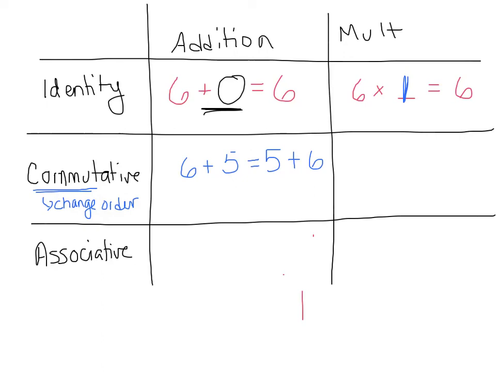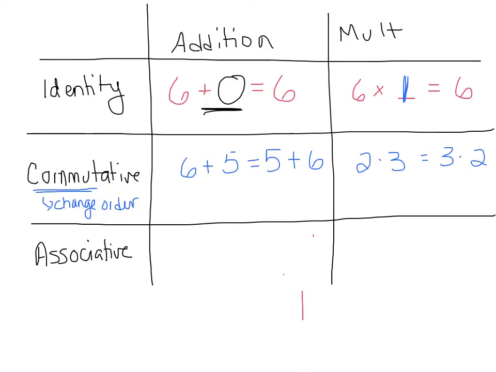Multiplication holds true as well: 2 times 3 is 6, and 3 times 2 is 6. The numbers change order. So this holds for addition and multiplication, but does not hold for subtraction and division.